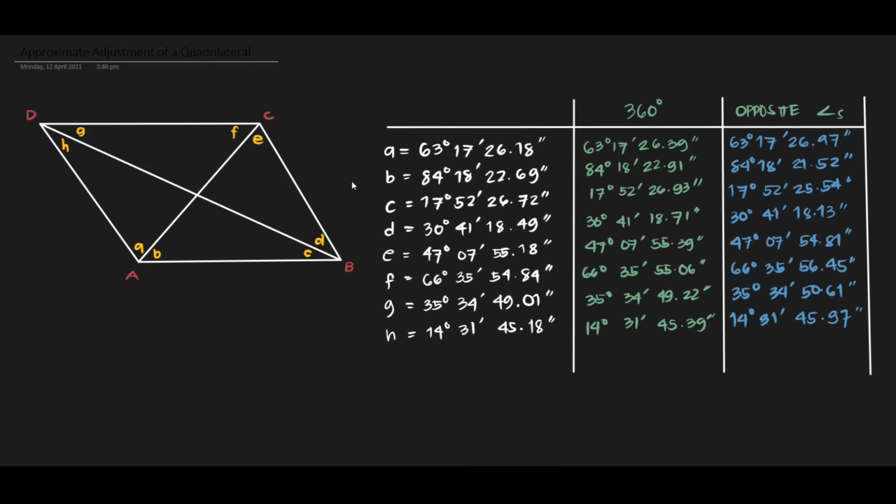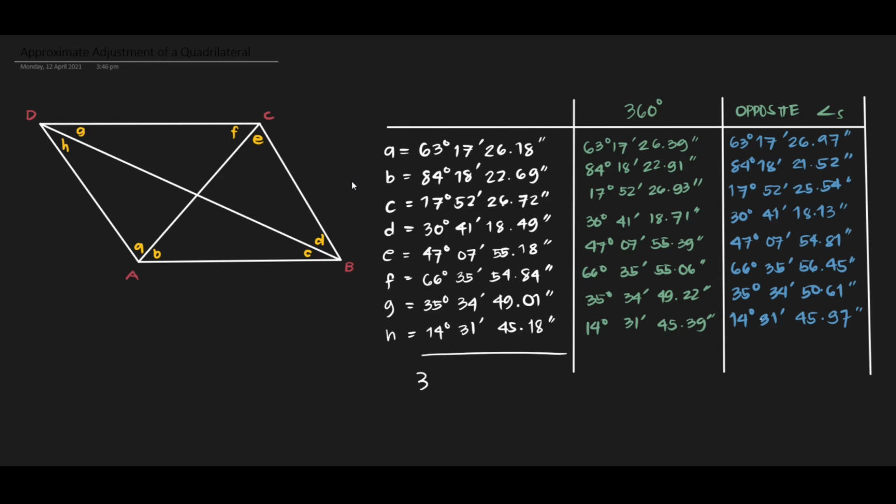Now, as you can see here on the right, I've already written the answers for the adjustment. I will just explain how these were done. For the first figure adjustment, we make sure that the sum of all internal angles is equal to 360 degrees. You just simply have to add all these angles.